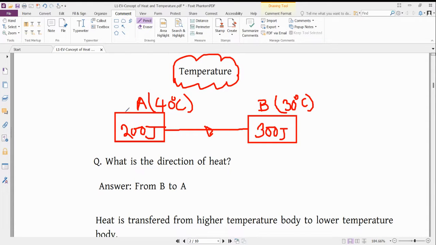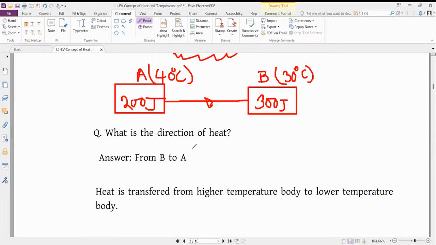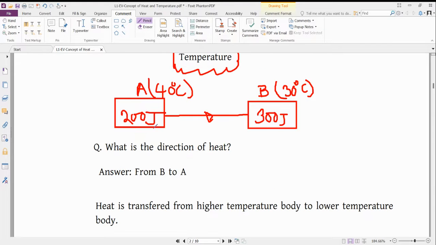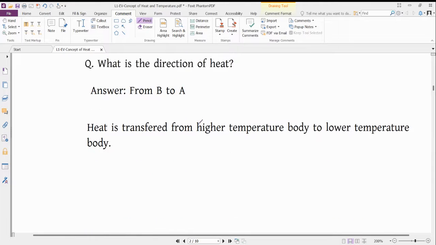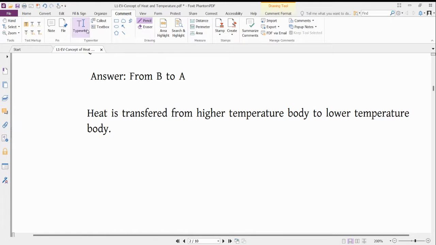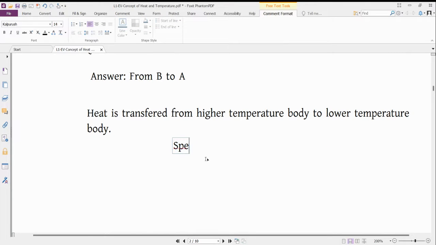So why is the temperature of body A higher than the temperature of body B? To explain this, the reason is the specific heat of a material.